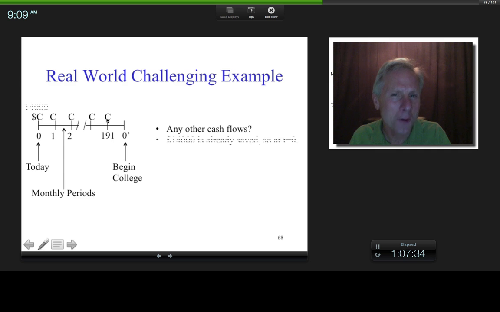Are there any other cash flows that are relevant? There are. Jane and George already have $14,000 saved. So this is the setup for how much Jane and George have saved and what their goals are if they're going to set aside equal monthly payments beginning today and ending at time 191 months.